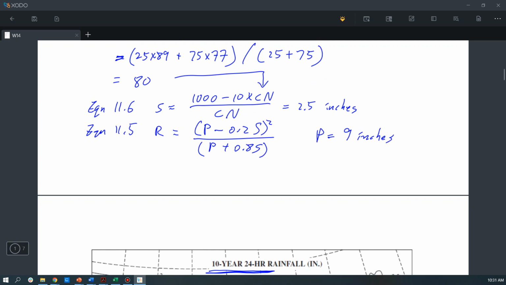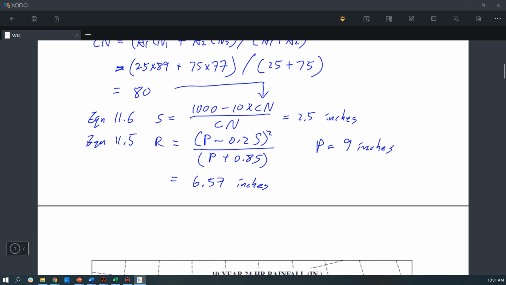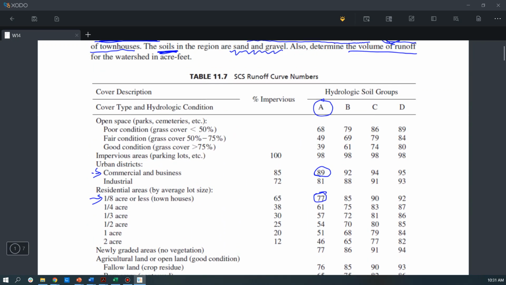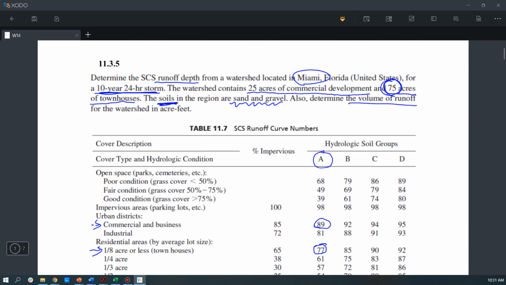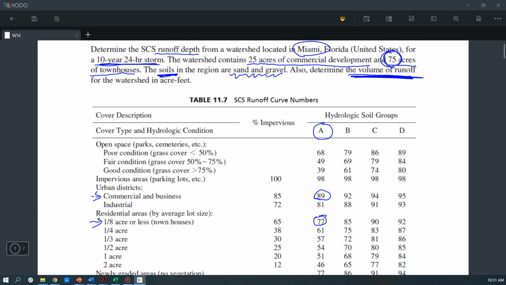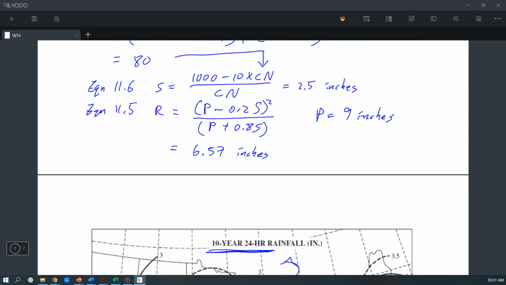We plug in S, this 2.5, and this P value, 9 inches, into this equation, and we calculate that the runoff depth is equal to 6.57 inches. The problem also asks us to calculate the volume of the runoff. To convert the depth to the volume, we need to multiply by the area of this region.